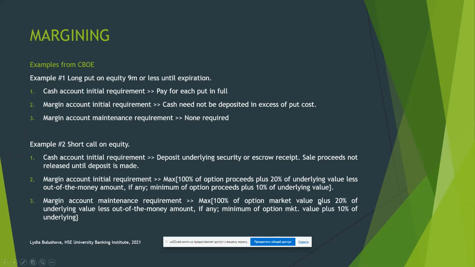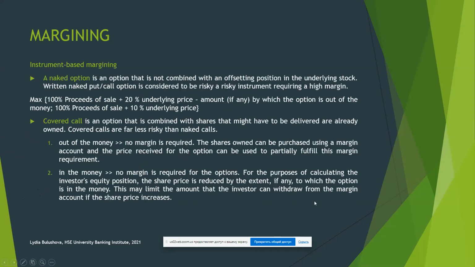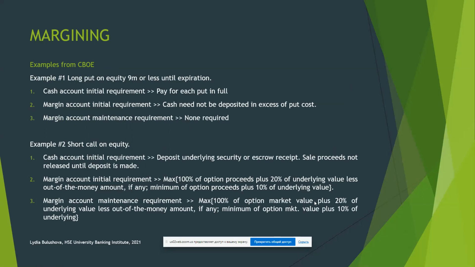And in fact, in theory we have no taxes, no trading costs, etc. In real life, we have lots of trading costs. And because of this margin, options are as costly as futures contracts.